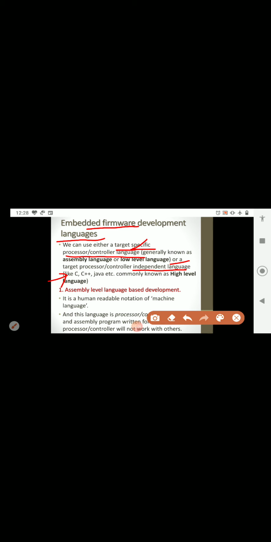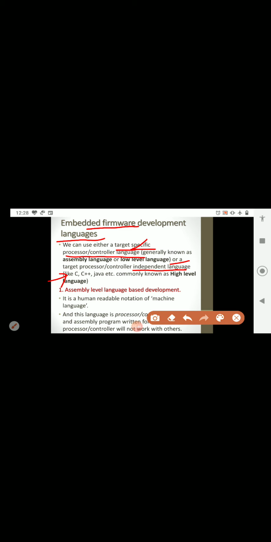So we have two types of languages available for designing embedded firmware: either a low level language, or assembly level language, or a high level language. Either you can develop your embedded firmware by using assembly code or by using high level language code. The assembly code means the programs we write in part A, the .s programs.